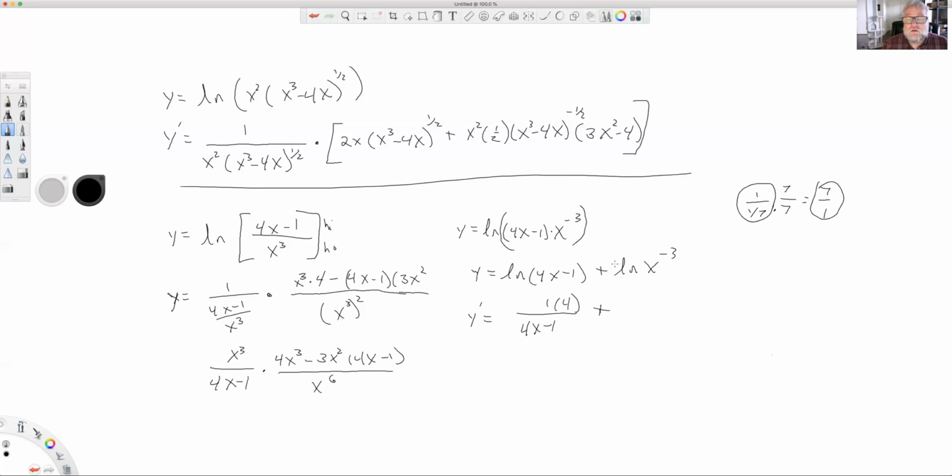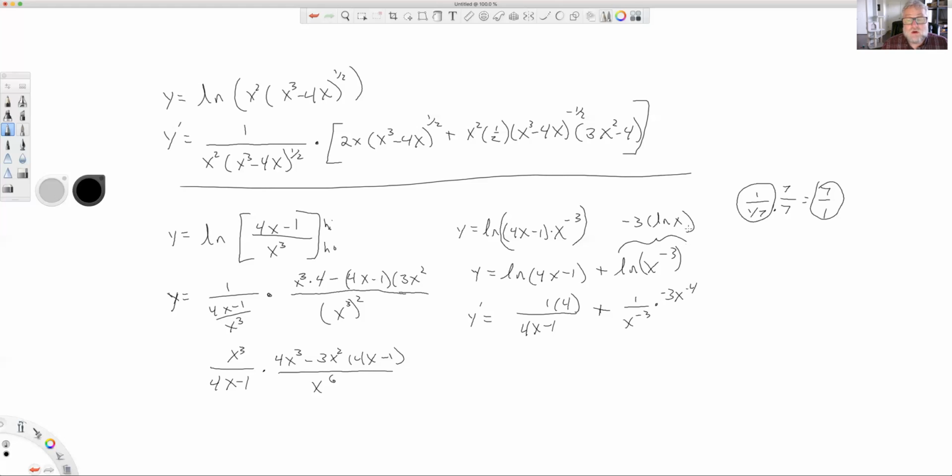Plus, this will be 1 over x to the minus 3 times the derivative of the goop inside, which would give me a minus 3x to the minus 4th. Or keep in mind, you could have written this as minus 3 times ln x.